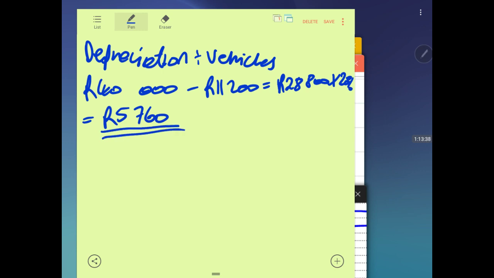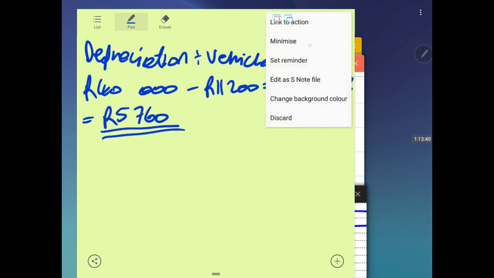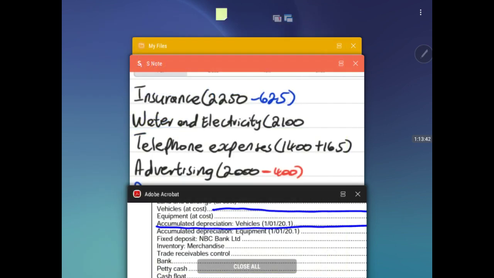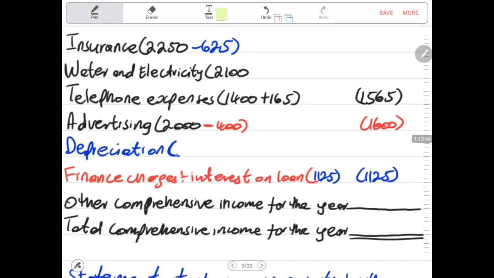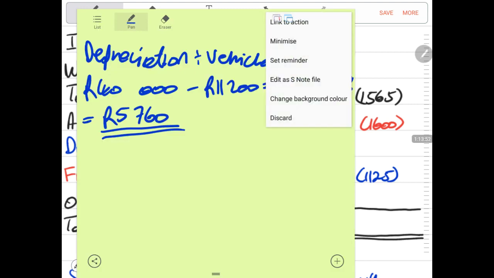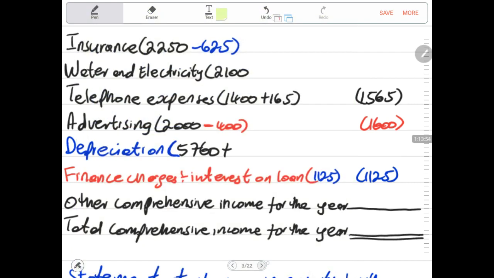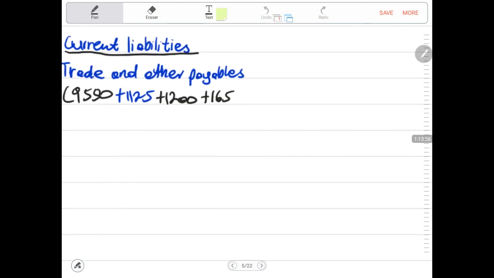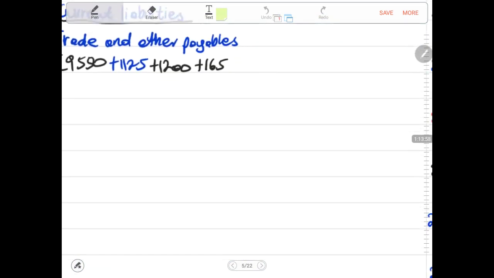So this is the depreciation on vehicles, 5,760. Let me just capture it there. 5,760 plus the second depreciation on equipment. Let me use a different page, because this one is delaying. Then we're calculating now depreciation on equipment.